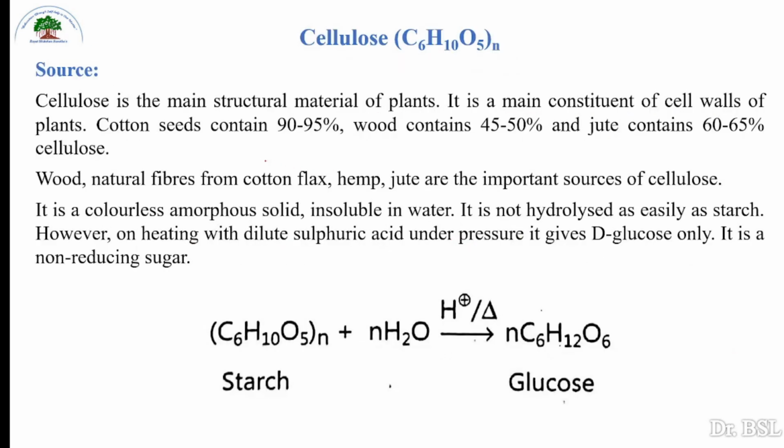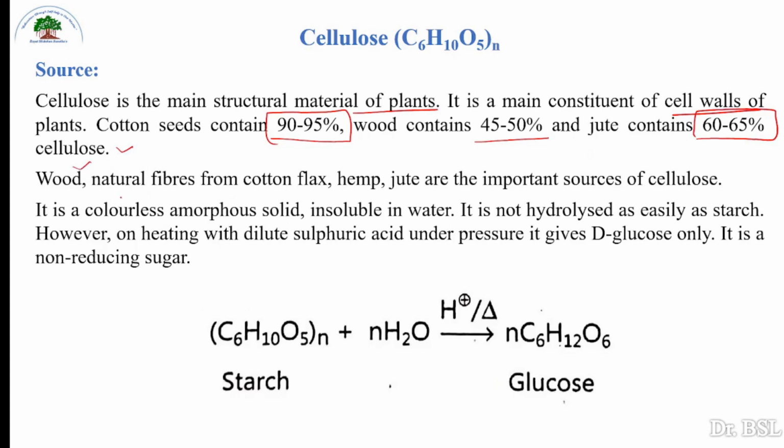Then cellulose. Sources of cellulose. Cellulose is a main structural material of plant. It is a main constituent of cell wall of plants. Cotton seed contains 90 to 95%. Wood contains 45 to 50%. And jute contains 60 to 65% of the cellulose.